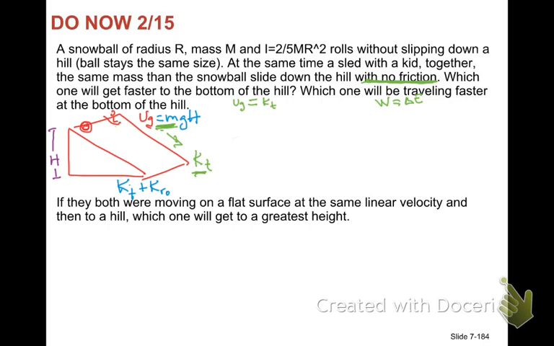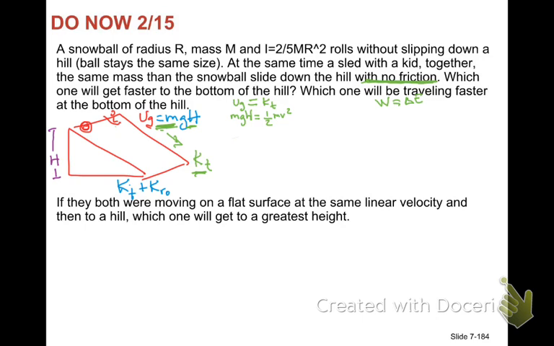I'm going to say mgh, mass, gravitational acceleration, and height, which is the potential energy, is equal to the translational kinetic energy, which is 1/2 times the mass of the object times the velocity of the object squared.